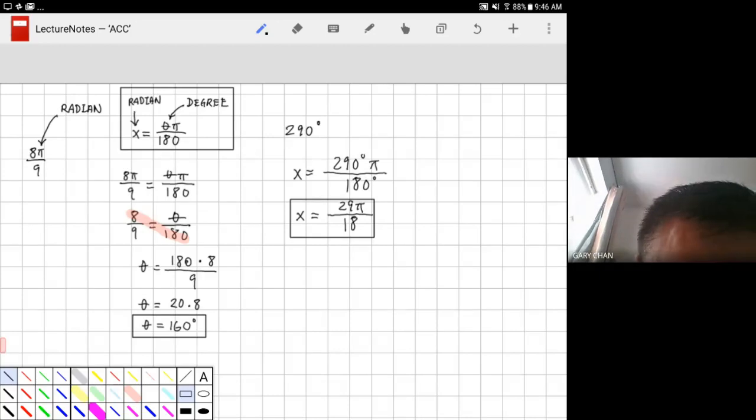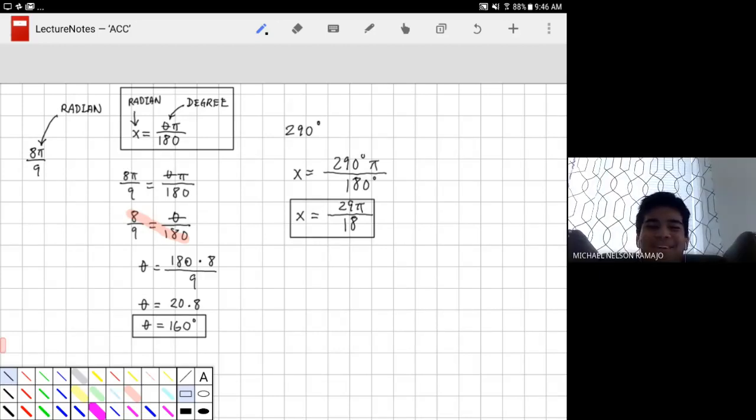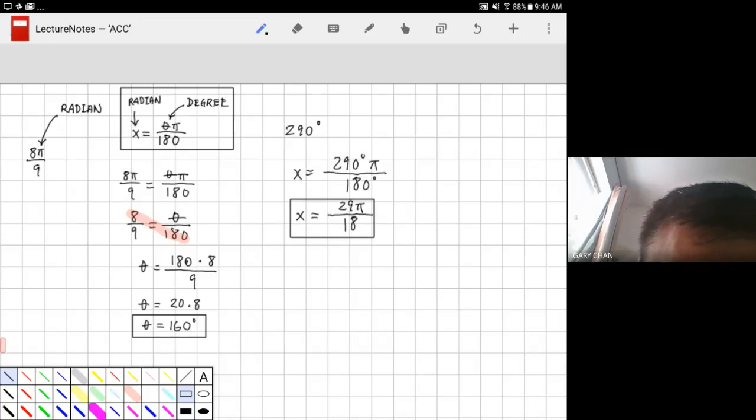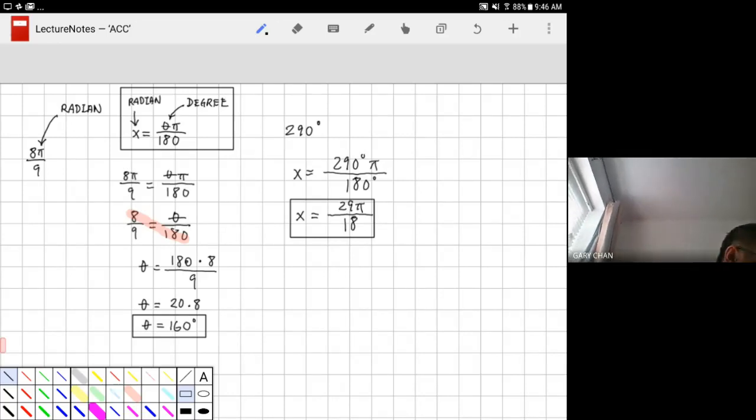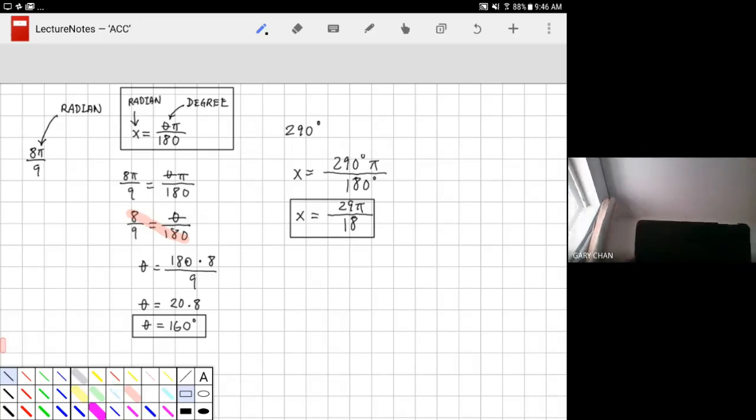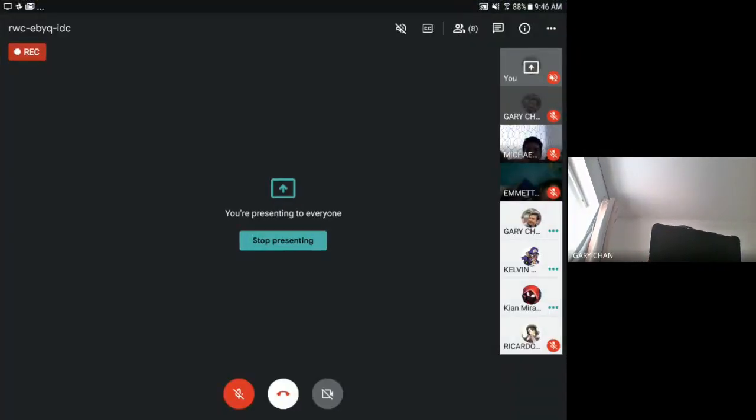Okay. Next one. It's very similar to the one we just did: convert 29 pi over 15 radians into degrees. Hold on, I'm sorry. Let me just stop presenting here. Okay, now we're back. Is 29 pi over 15 a radian measure or a degree measure?